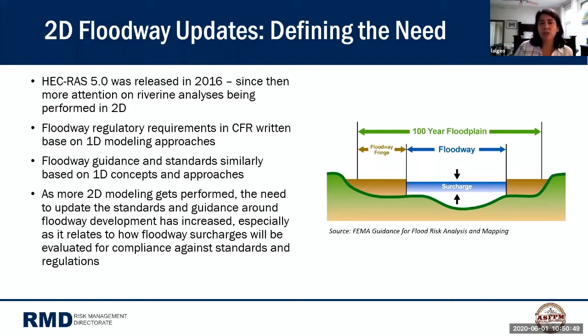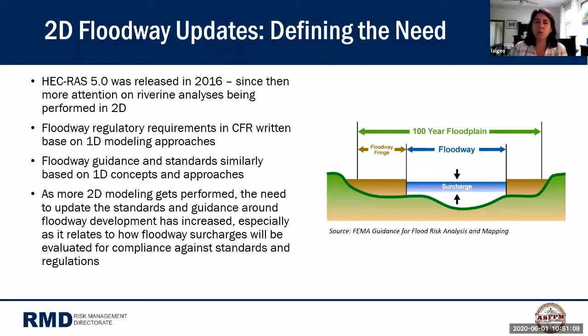Our floodway regulations are written into the Code of Federal Regulations back in the 70s, and they are very much focused on one-dimensional concepts and approaches. Those don't translate very well to two-dimensional modeling and the way that it gets set up with gridding and other modeling components.